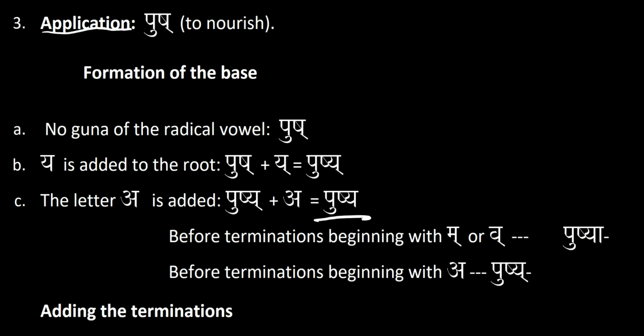So before termination endings beginning with ma or va, it's going to become pushya with a long a, like pushyamaha and pushyami, pushyavaha. And then for terminations beginning with a, it will be just pushya without the a at the end, so that when you add the anti, it's just going to become pushyanti.